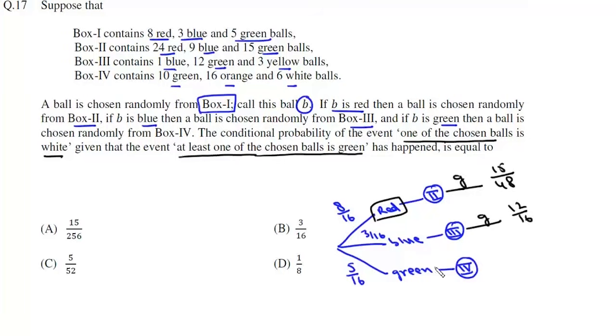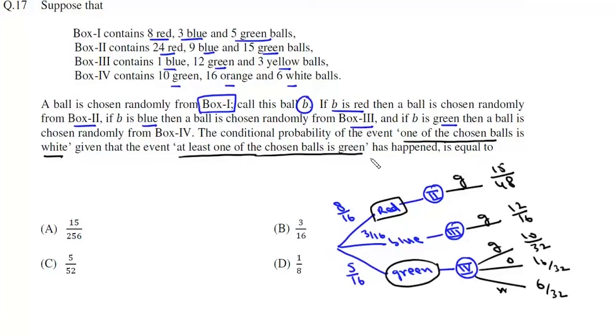And since in this third case we already have a green ball, from the fourth box we can have any one of green, orange, or white. Now the probability of choosing a green ball will be 10 by 32, an orange ball 16 by 32, and a white ball 6 by 32. So these are all the cases in which at least one of the chosen balls is green.